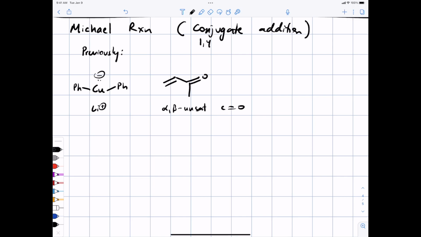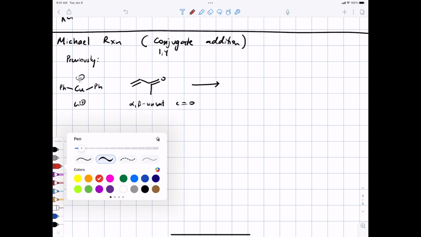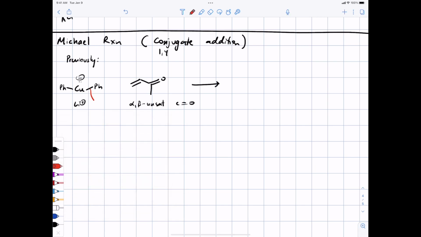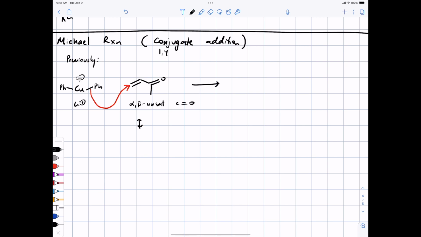And we said that unlike organolithium or Grignard reagents, the cuprate would deliver the nucleophile to the beta carbon. We said that that's possible because resonance tells you that the beta carbon is electron poor. You can draw a resonance structure like this where the beta carbon has a positive charge on it.